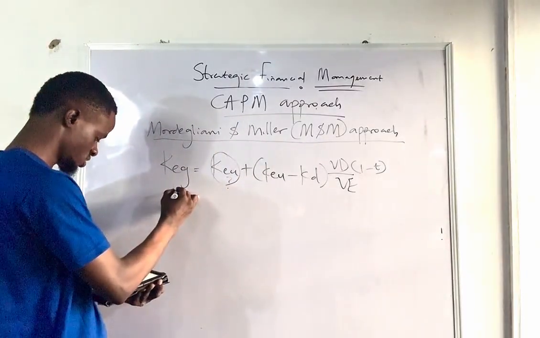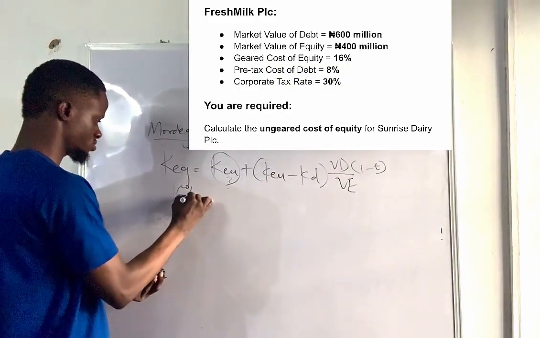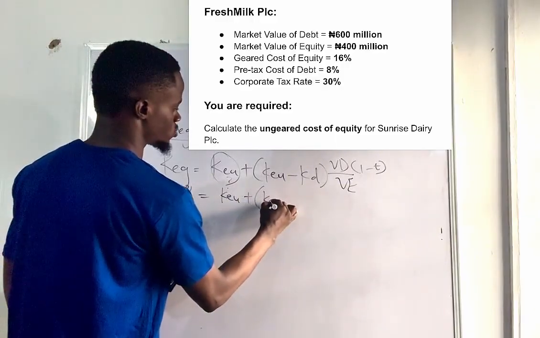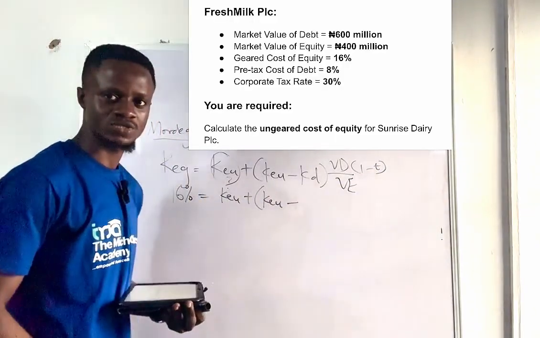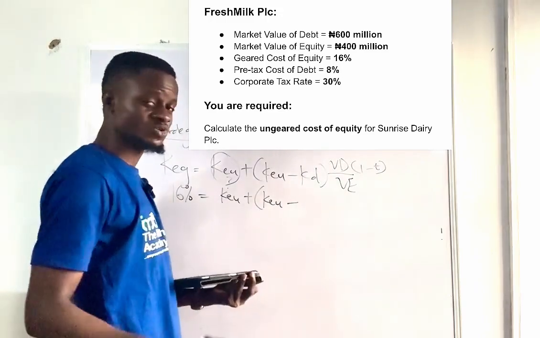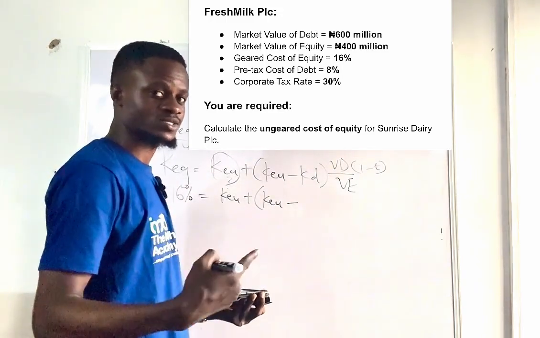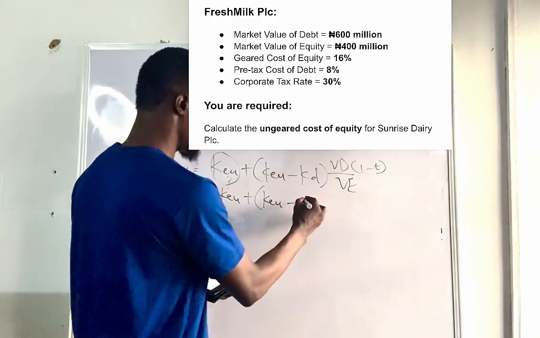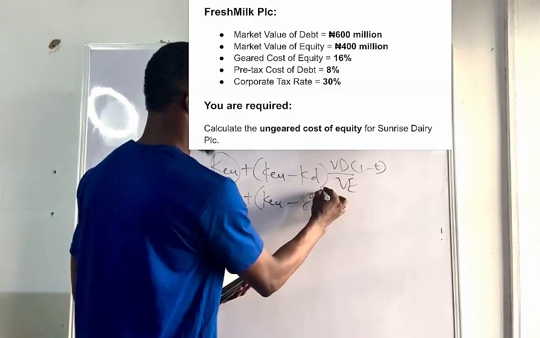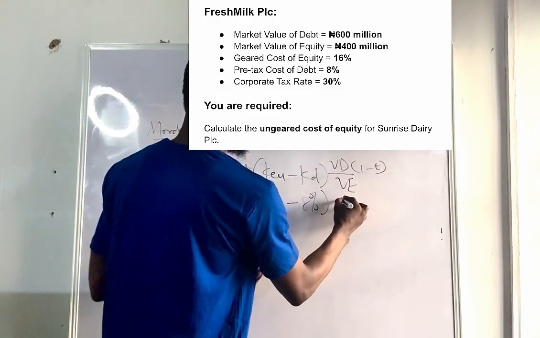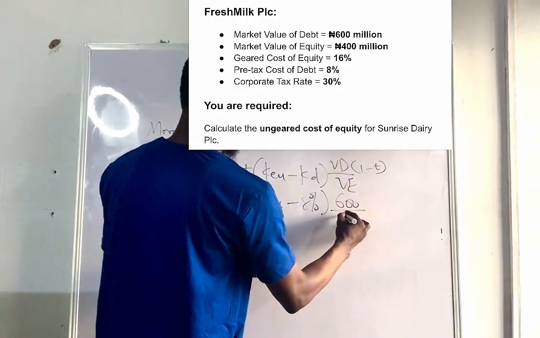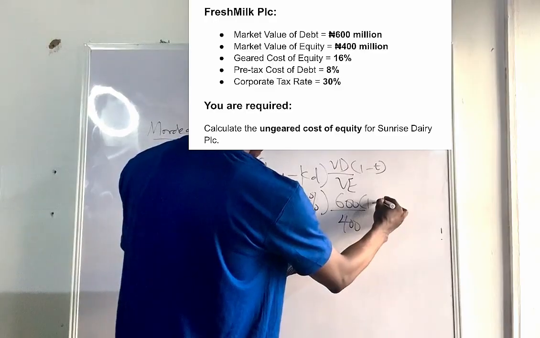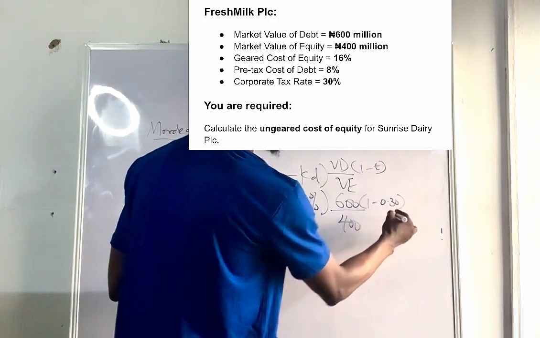So Keg is 16%, Q we don't know, plus Q, we don't know, minus KD. Oh, my writing is not small. Please let me know in the comment section if my writing is small so I can do better. KD is 8%, value of debt is 600, value of equity is 400, and of course 1 minus the tax rate. 0.30 is 30%, right?